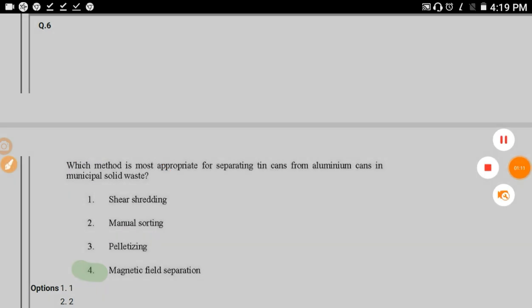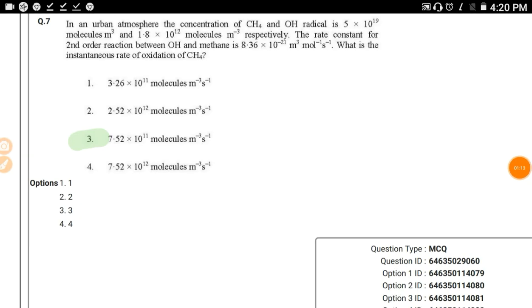Okay. Next question. In an urban atmosphere, the concentration of methane and hydroxyl radical is 5 into 10 to the power 19 molecules per m cube and 1.8 into 10 to the power 12 molecules per m cube respectively.